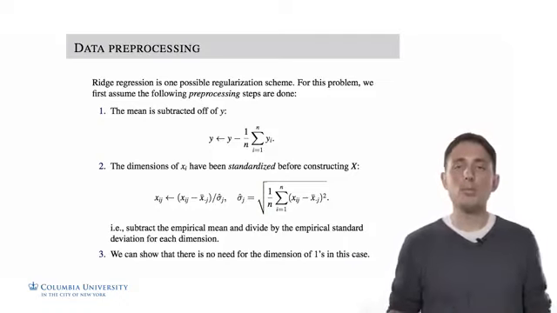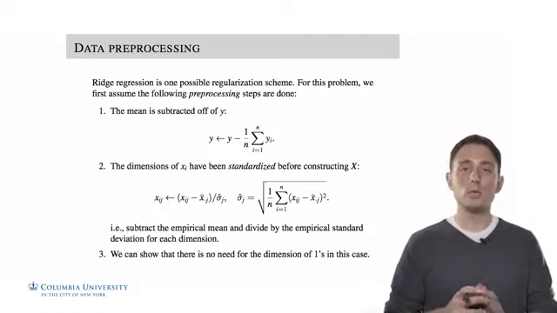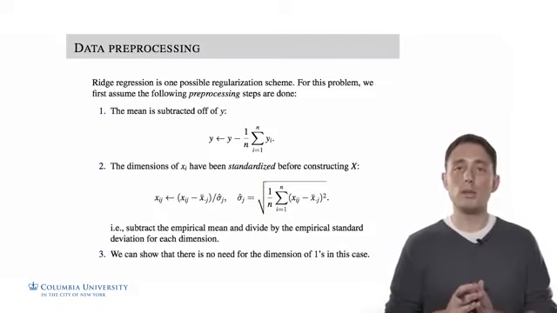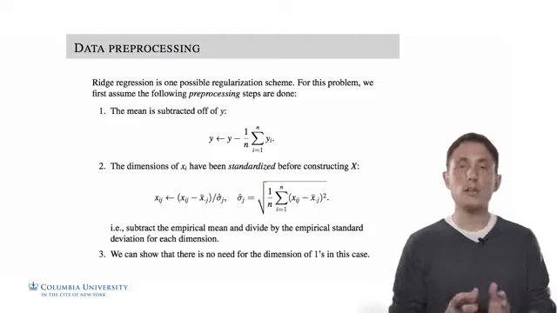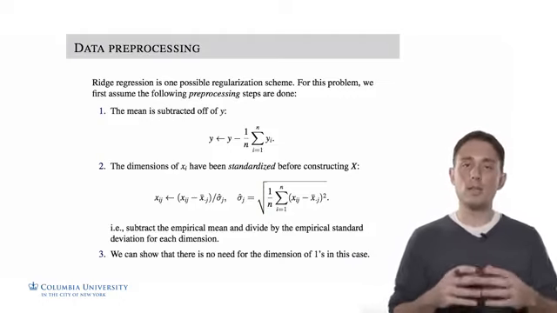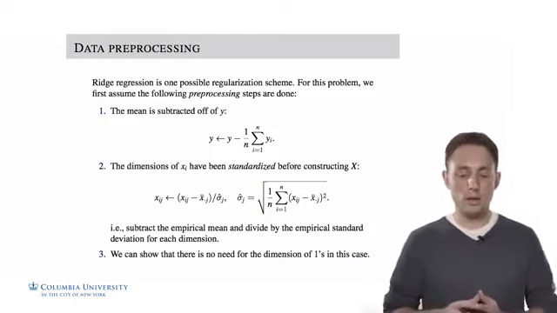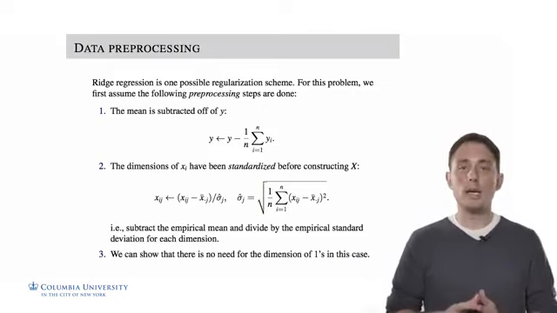So as some pre-processing for ridge regression, you notice that we didn't have this problem with least squares because we didn't put any restrictions on what the weight vector w was equal to. But here, because we want the weight vector to have roughly equal dimensions, we pre-process the data.